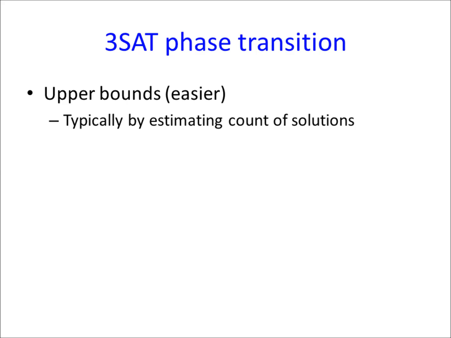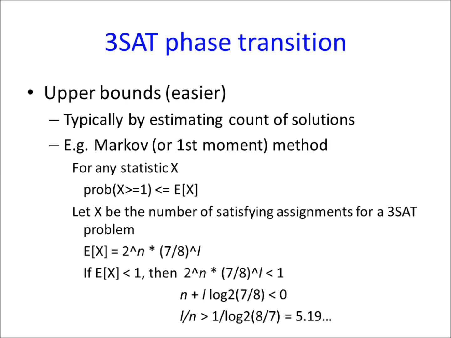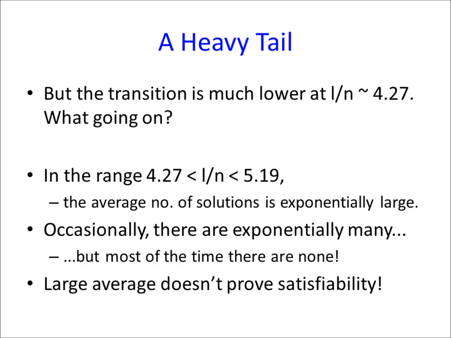We will spend 10 minutes or 7 minutes and you will be able to prove that after a ratio of clauses to variables greater than 5.19, on average a random problem will have 0 solutions. Random problem. But then you can do better and better bounds by better and better combinatorial arguments.